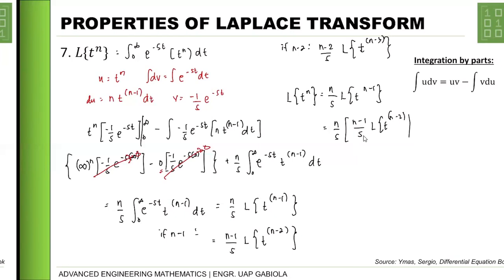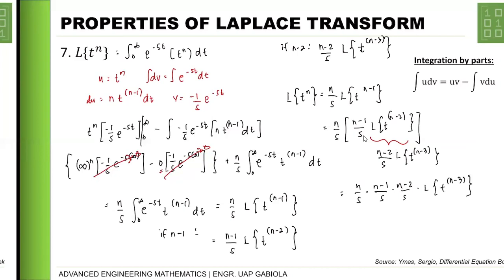And then itong nasa loob natin na function na to, ito, pwede din natin gawing n minus 2 over s times L of t raised to n minus 3 hanggang mag-equal siya sa 1. Okay? So, pwedeng n over s times n minus 1 over s times n minus 2 over s and then magiging times L of t^(n-3).